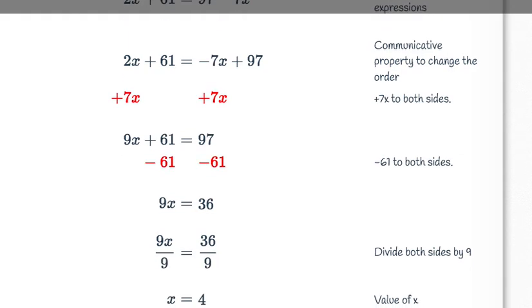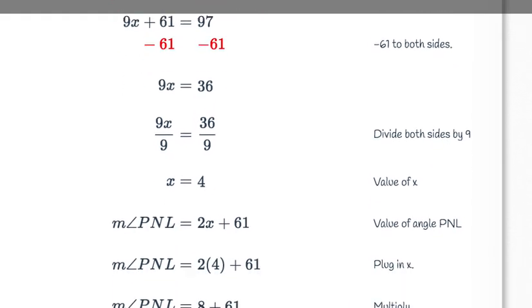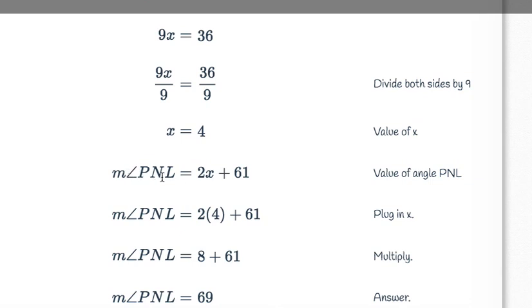Now we're not finished because they ask us to find the value of PNL. So PNL was 2x plus 61. When we plug in x and then multiply, we get our answer, which is 69.